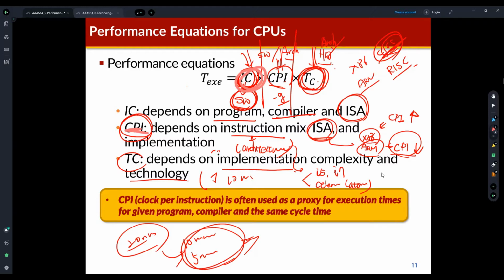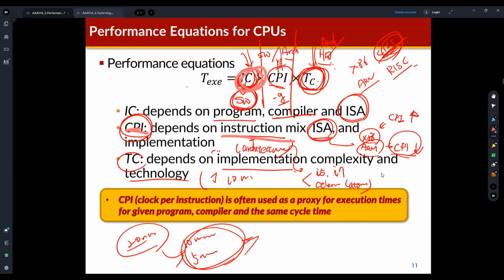CPI is also influenced by instruction mix. Which means if a software includes many load instructions or many branch instructions, then the performance of the software will be influenced by these kinds of instructions.